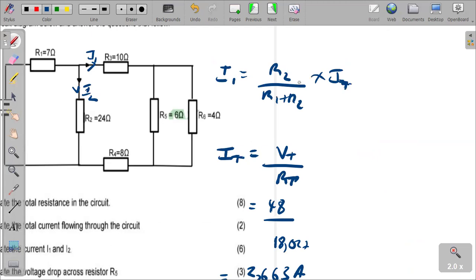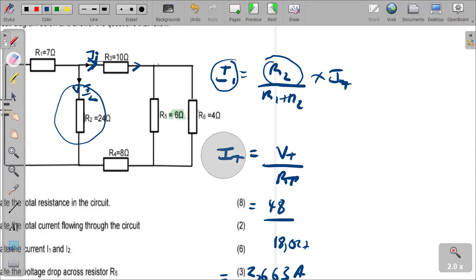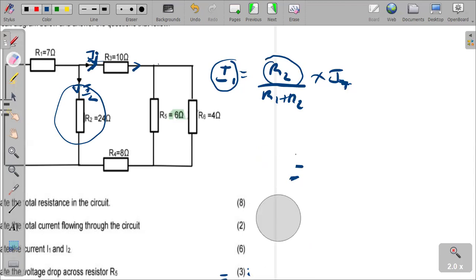But if we want the current in any branch, suppose we want the current in this branch that we have labeled I1, it means we take the resistor in the other branch. That's what R2 here refers to. The resistance in the other branch, divided by the sum of the resistors, multiplied by the total current.